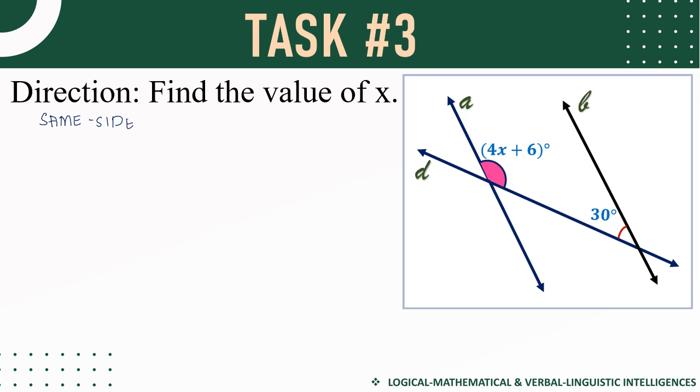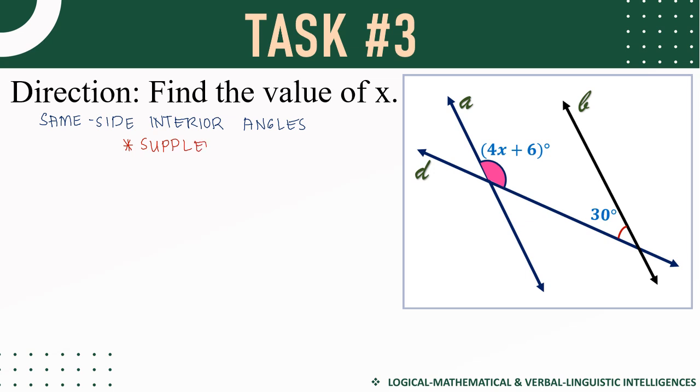interior angles. Now going back, what is the idea that we have for the angle measures of same side interior angles? A while ago, for the additional information, we mentioned that same side interior angles are considered supplementary angles as well.